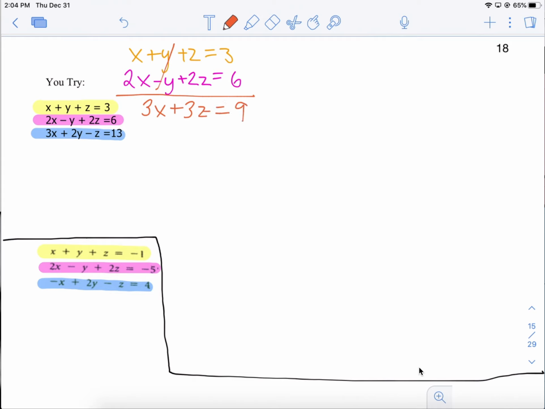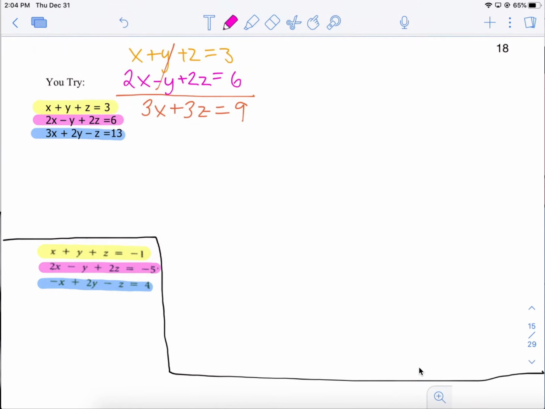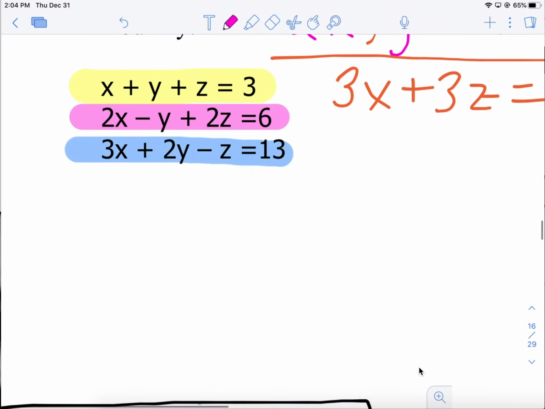Okay? All right, we need to eliminate the y's from another pair. So if I'm looking through this, it looks to me like I could do the same thing we did before. I could multiply the pink equation by a 2, because if he was a negative 2, he would cancel with this guy.